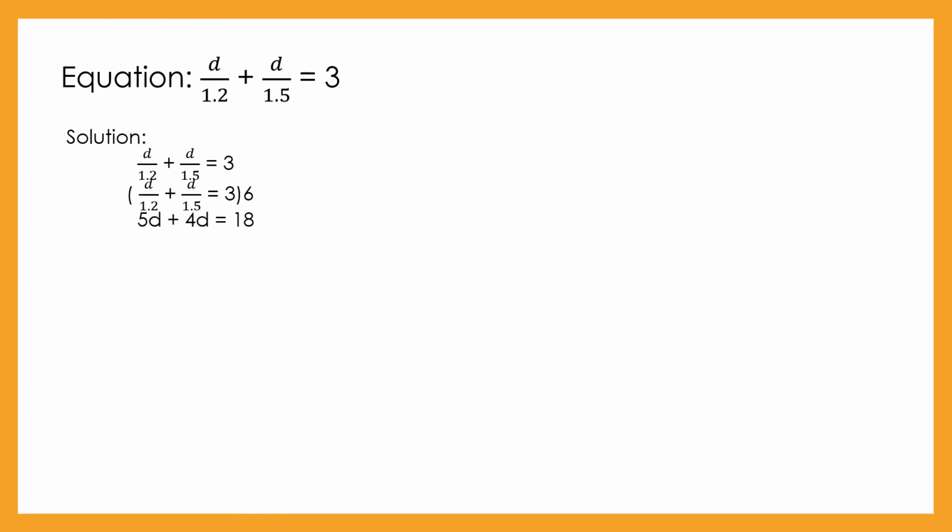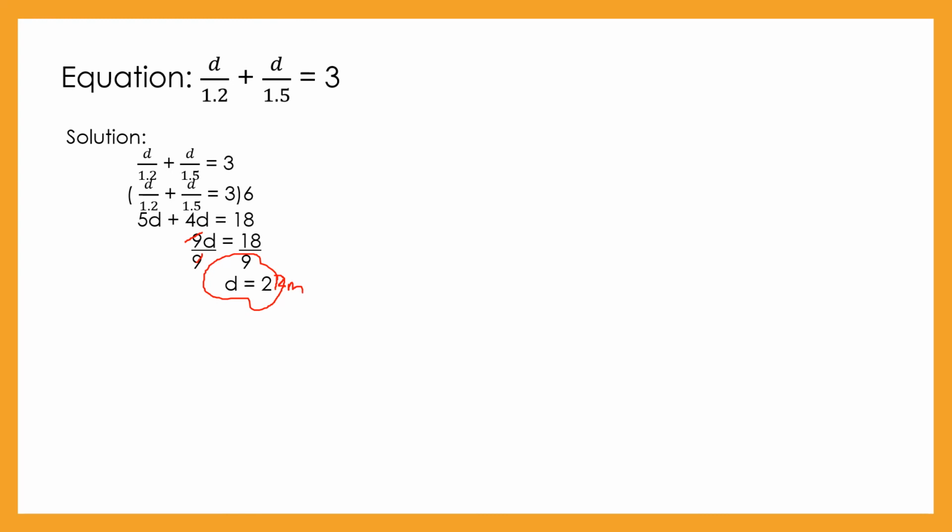So, dadagdag lang si D, and then 6 times 3 equals 18. So, 5 plus 4 is 9. And then divide natin both sides by 9. So, D is equals to 2. So, ibig sabihin, ang distance niya is 2 kilometers. Or 2 kilometers ang kanyang inakyat.